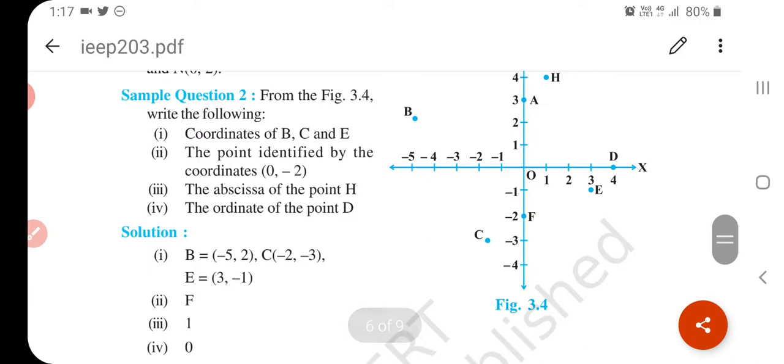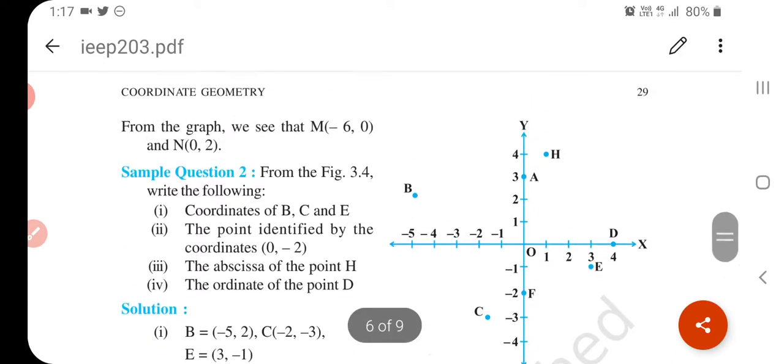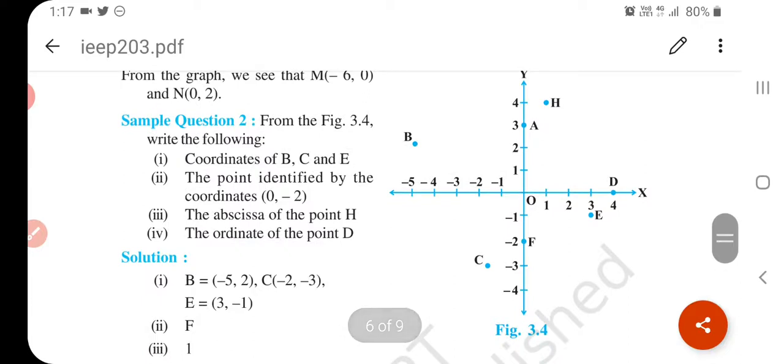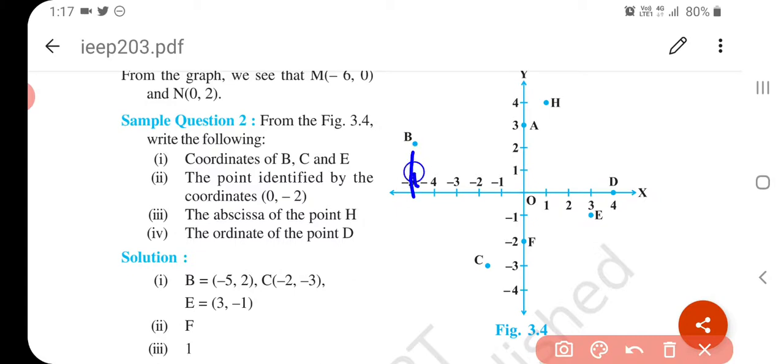Now next, from the figure 3.4, write the following. See the figure carefully. We have to write the points B, C and E. So first see carefully the coordinate of B. Coordinate of B is -5, because x is -5 and y is 2.